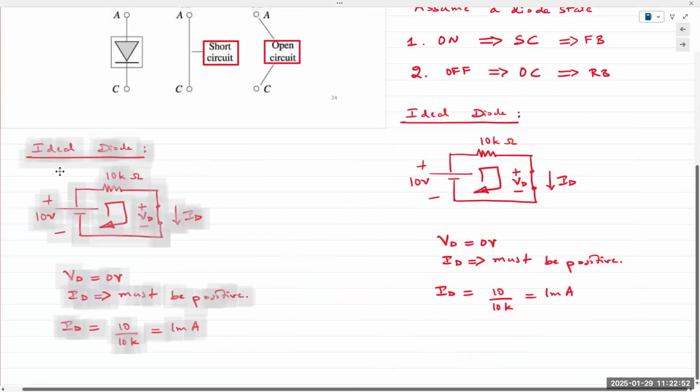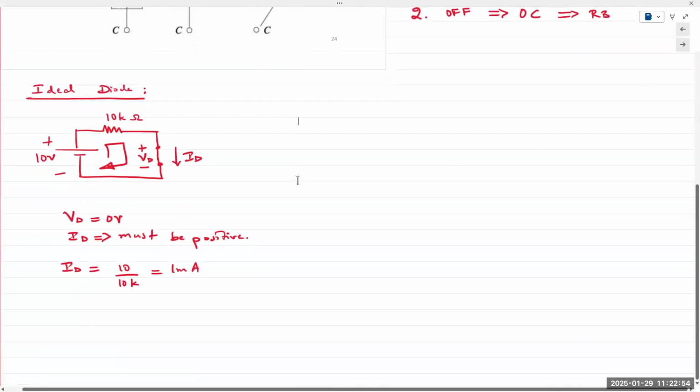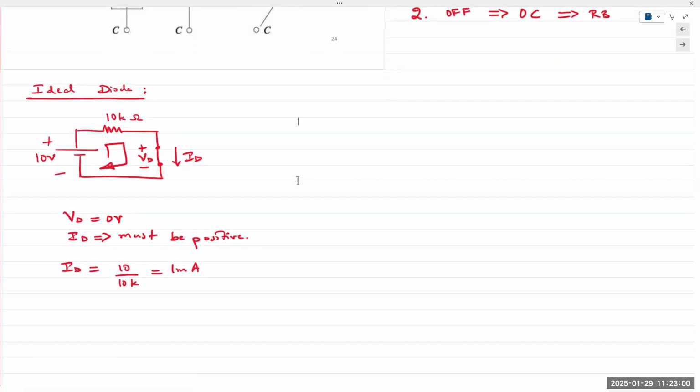Let's do it here. Okay, so that's at least one assumption verified, right? Voltage drop VD is 0, current ID is positive. So taking these two into account, verified.